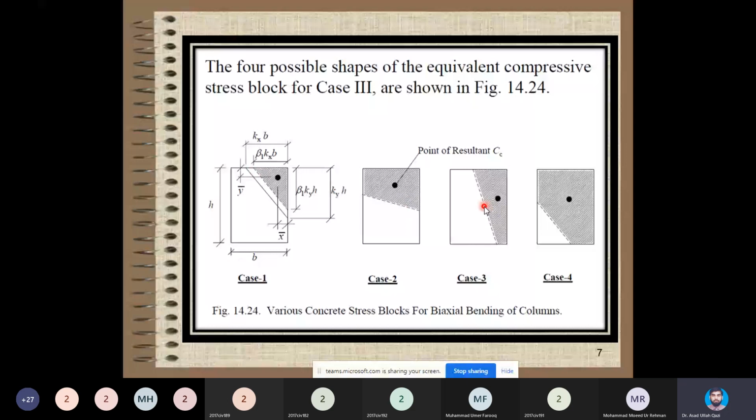In the fourth one, the column is under more compression, and just one bar. If there are four corner bars, only one bar will go in tension, and still adjacent edges are intercepting the neutral axis, and you may select a deeper neutral axis depth, and its orientation, the counterclockwise angle.